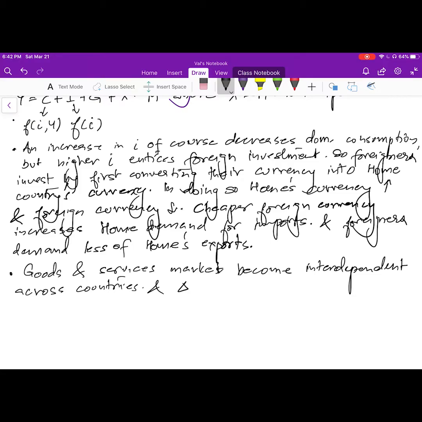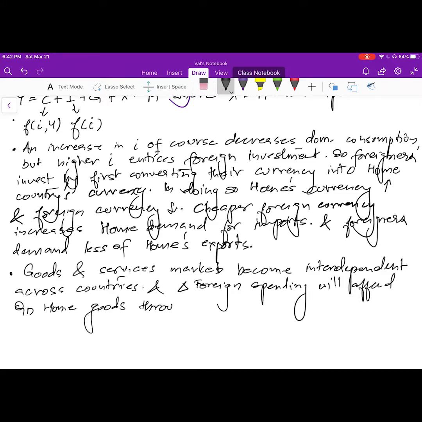And change in foreign spending will affect demand for home goods through lowered exports. Okay.